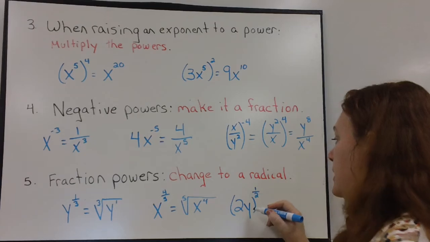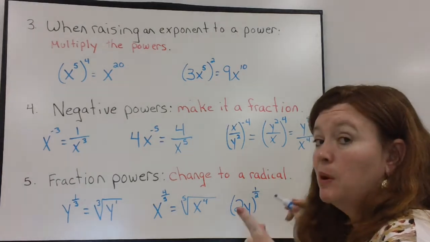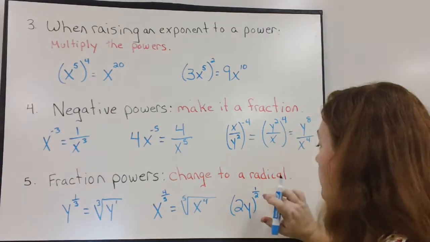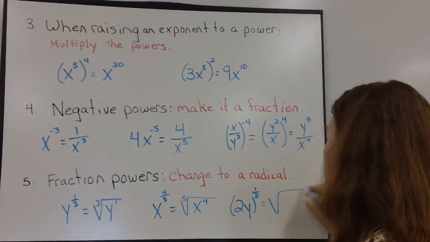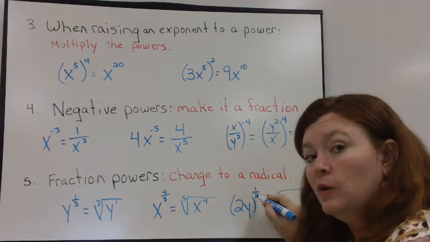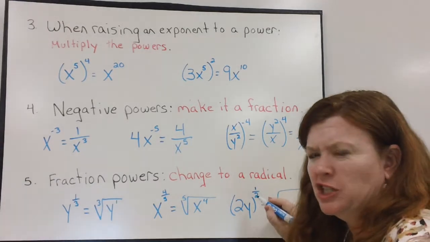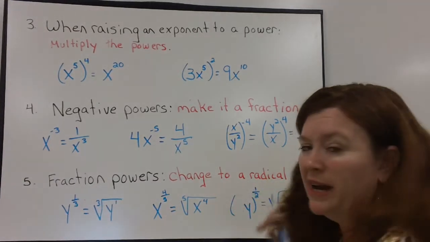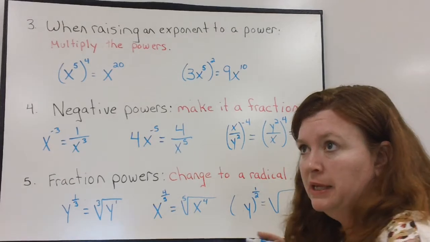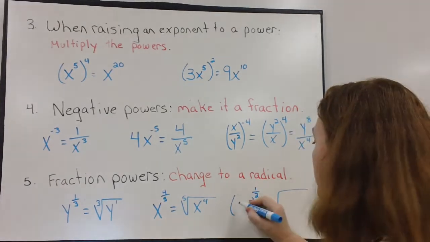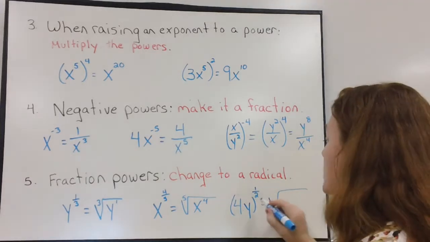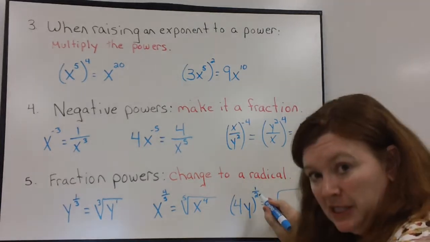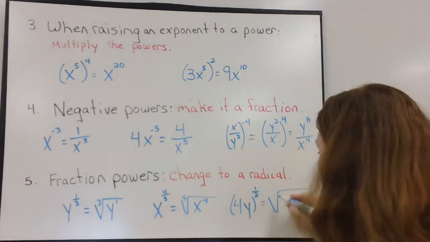This is a slightly different situation because both the 2 and the y are being raised to the 1/2 power. Now, let me get my radical ready. The 2 at the bottom of this fraction, I should probably change this. I don't want to have two 2's and have you not be sure which one I'm talking about, so I'll make it a 4. Okay, 4y to the 1/4. This 2 is the number in the denominator, so that's what goes in the radical.